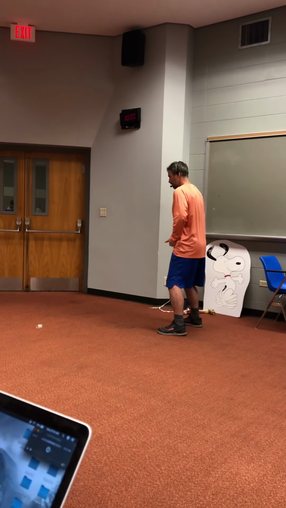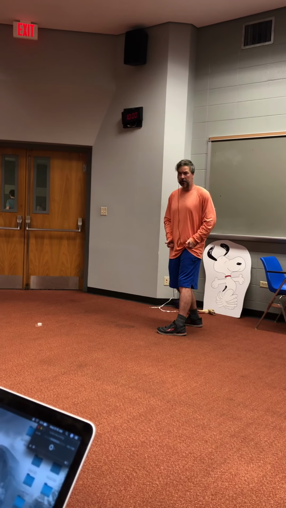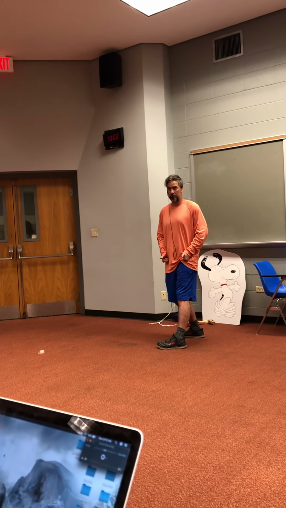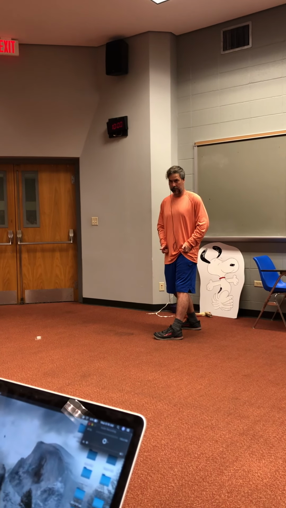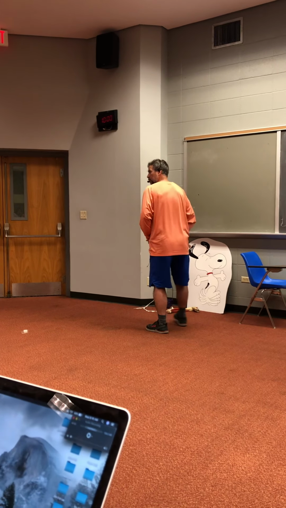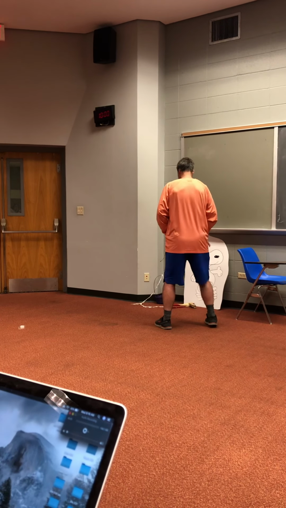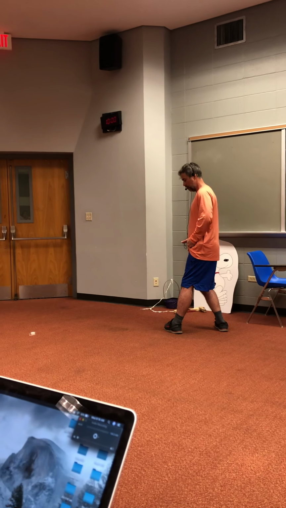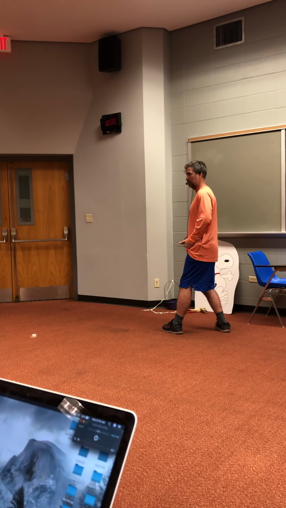I ask you, middle class, what is the position of my hip relative to where I started? I ask you, right class, what is the position of my hip relative to where I started?